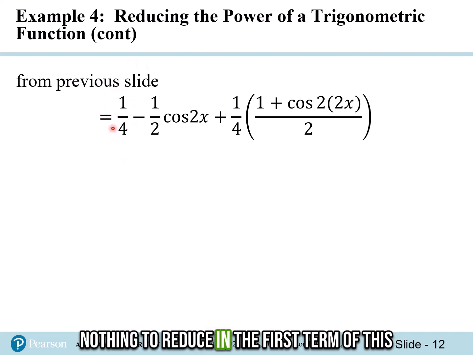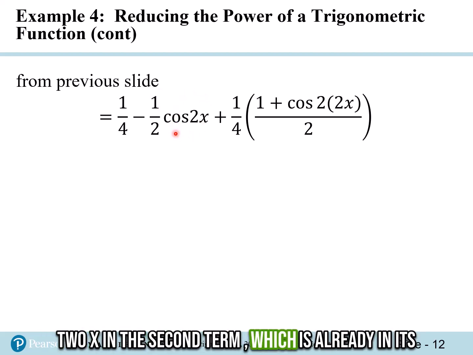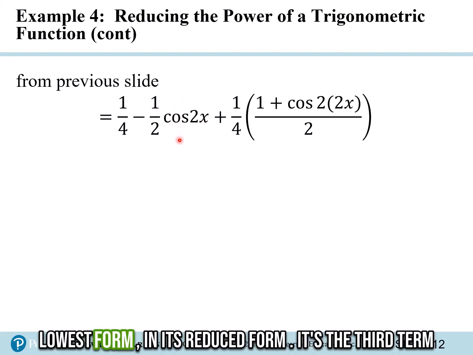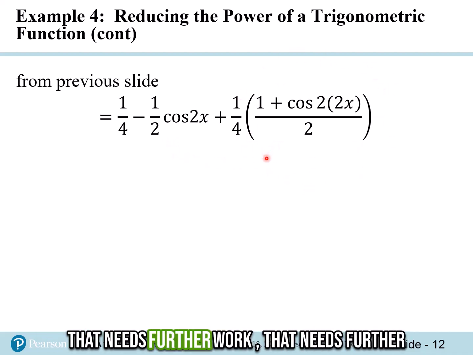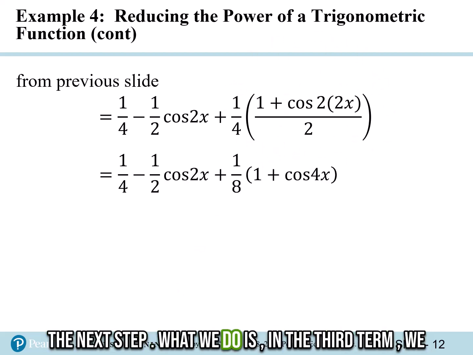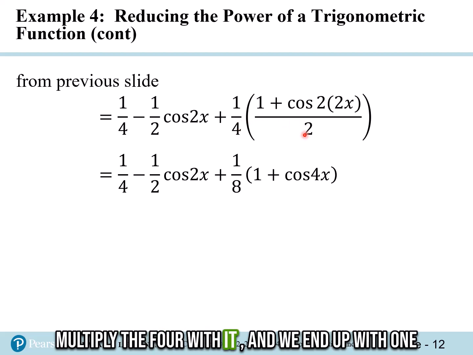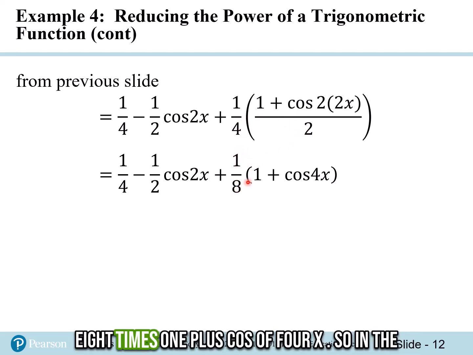There's nothing to reduce in the first term of this expression, 1/4. Then we have half times cos of 2x in the second term, which is already in its reduced form. It's the third term that needs further simplification. So we will work on the third term in the next step. What we do is, in the third term, we factor out the 2 from within the brackets and multiply the 4 with it, and we end up with 1/8 times 1 plus cos of 4x.